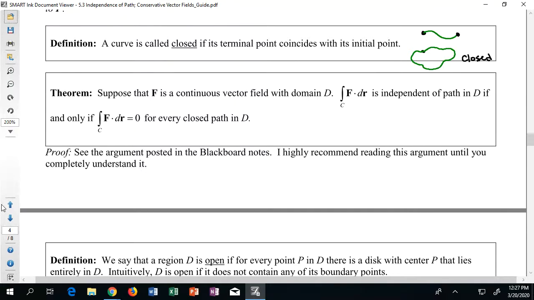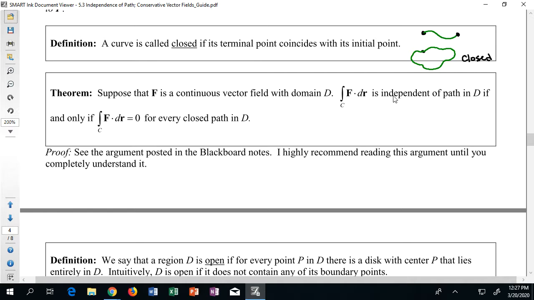Okay, that's important for the next theorem. Suppose that F is a continuous vector field with a domain of D. Then this work integral will be independent of path if, and only if, the work integral is equal to 0 for every single closed path in D. This is a really weird sort of result, but notice the ideas it's linking together.